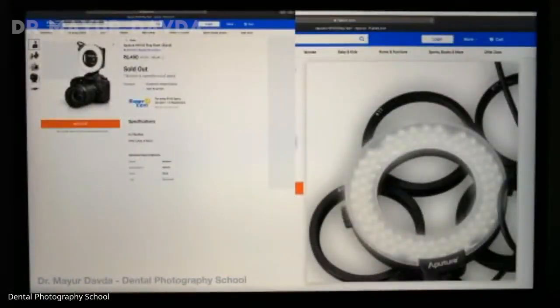This is something that you should be aware of. This is not a ring flash, although it looks like a ring flash. This is a ring light, so don't fall for it. Although it's very cheap, this is a continuous light source. It's not really that powerful, and definitely not recommended for dental photography and documentation.